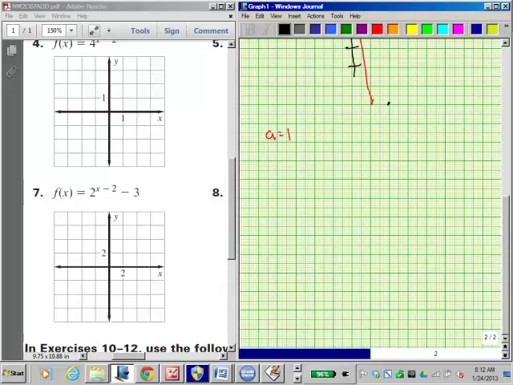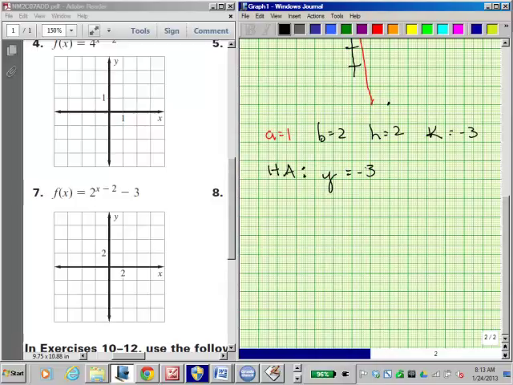B is 2. H is 2. And k is -3. Therefore, we have HA is y equals -3. We have a horizontal asymptote at -3.